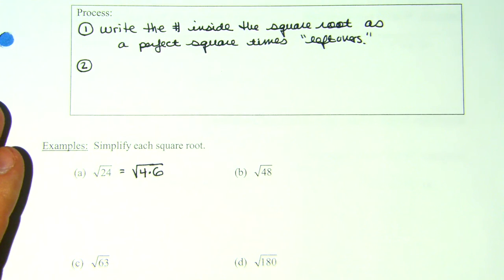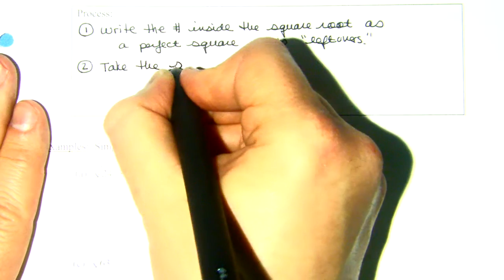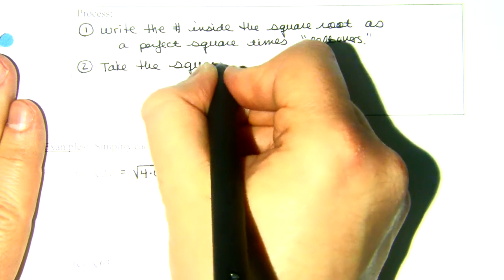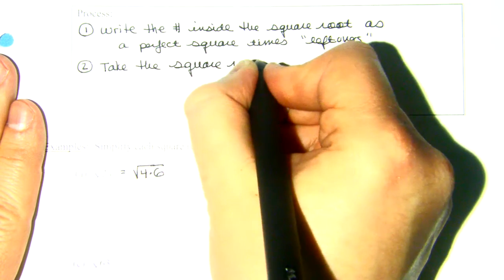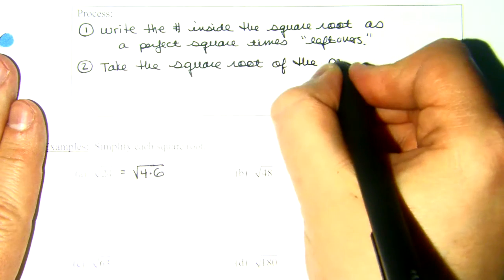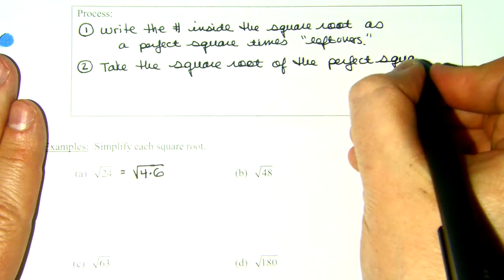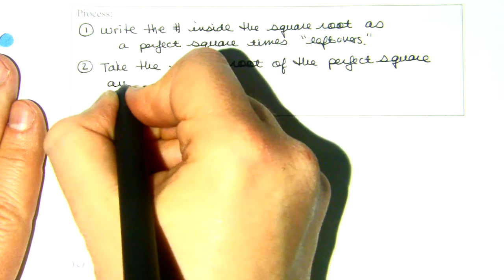Step number 2. I'm going to take the square root of the perfect square and move that outside the root.